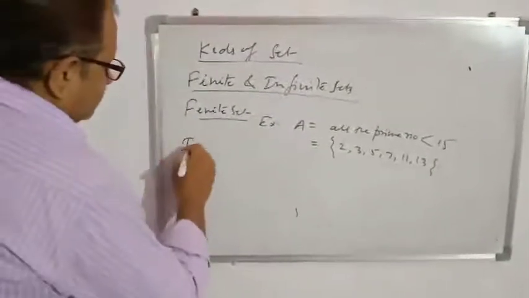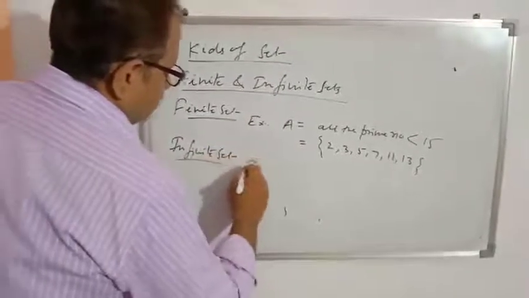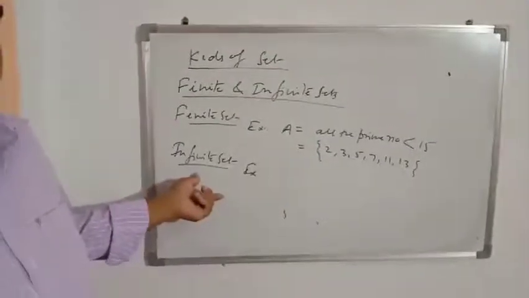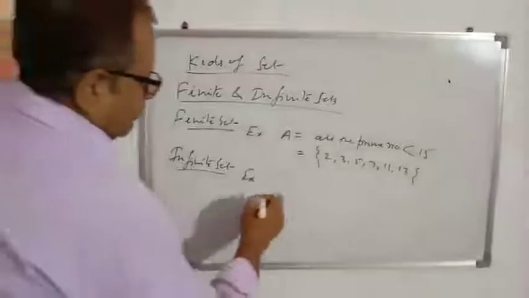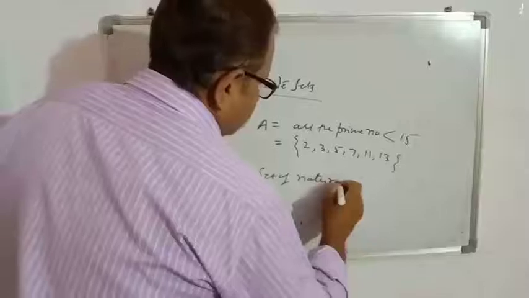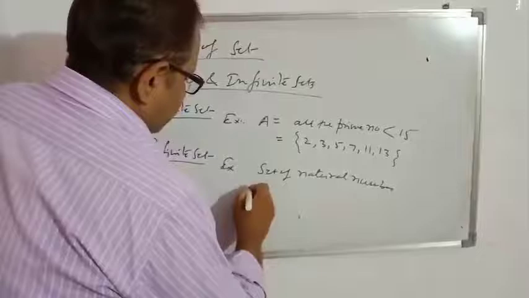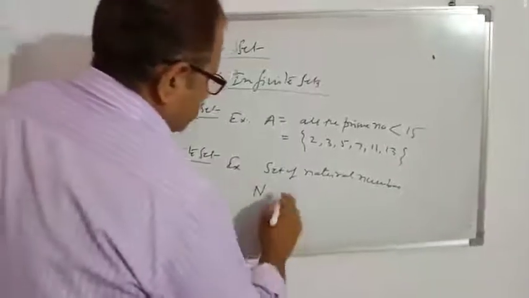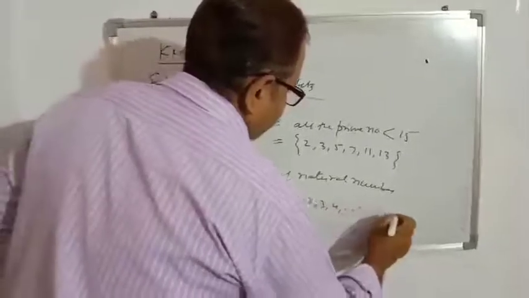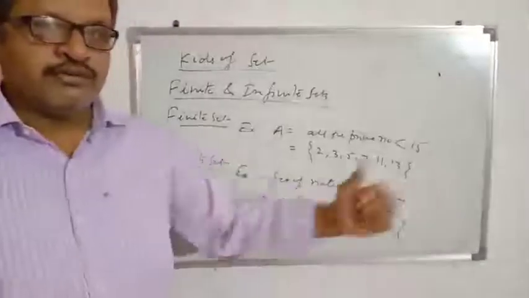But infinite set, I have told, is a set having an unlimited number of elements which cannot be counted. So example, set of natural numbers. Set of natural numbers is represented by capital N, and we write it 1, 2, 3, 4, 5 up to infinity.